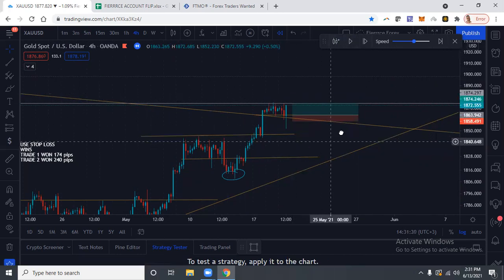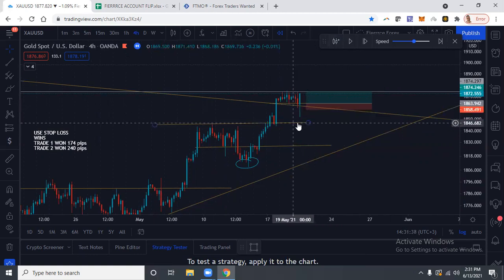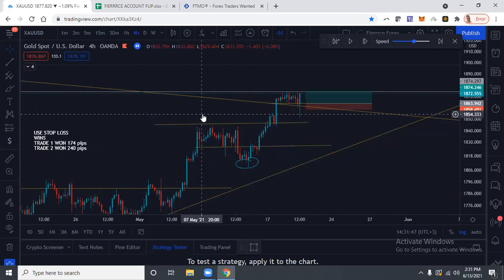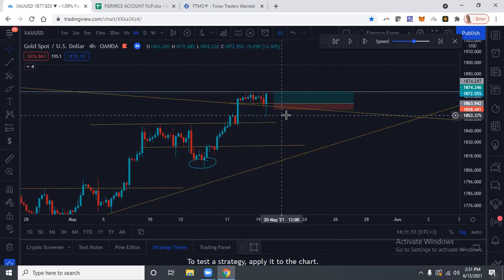Okay, so what would have happened here is we would have actually been stopped out. I put my 54 pips here, but you can see what has happened. It's retested. Probably what I should have done, in hindsight, was look at this previous level. It has retested the order block.